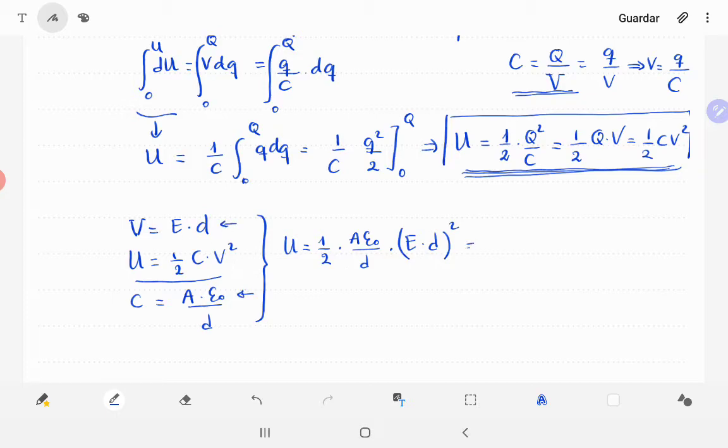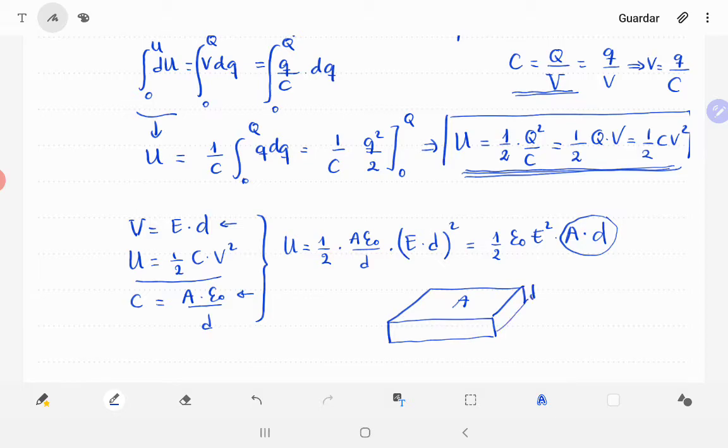Okay, so this is equal to 1 over 2 epsilon sub 0 E squared, the electric field, times A times D. Okay, now I want you to focus on this term here. And if you notice, this term is the product of the area of the parallel plate capacitor and the distance.